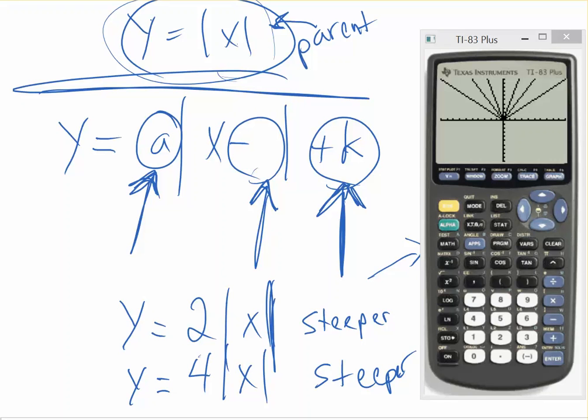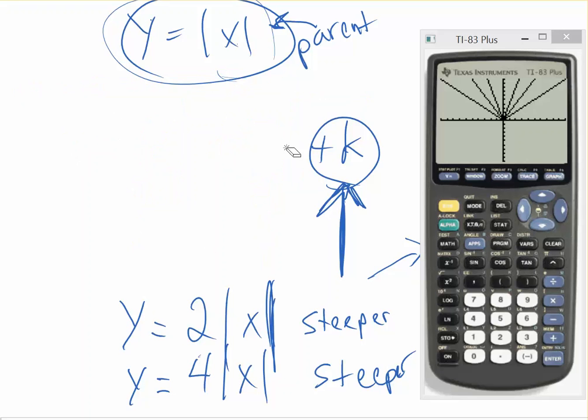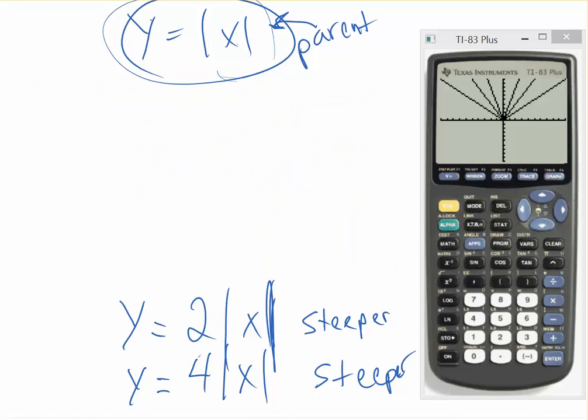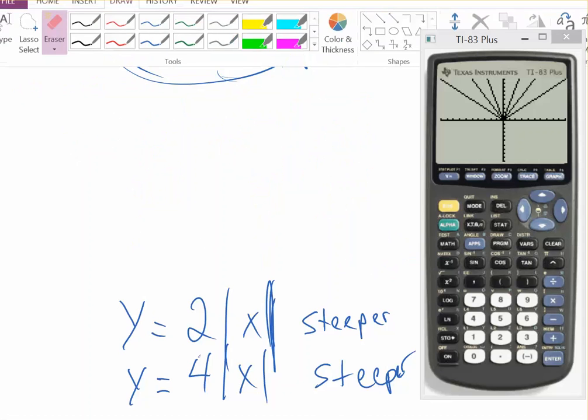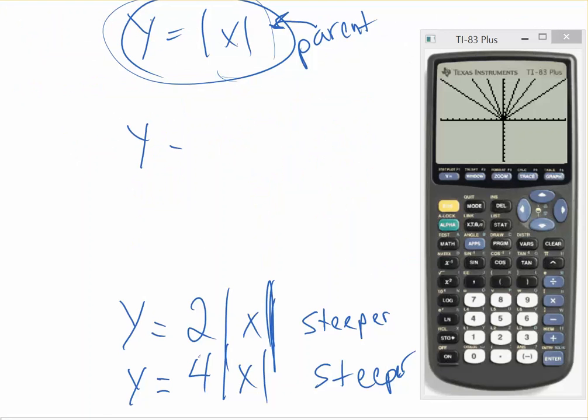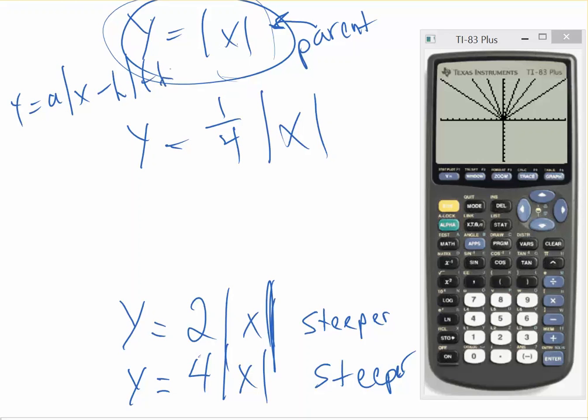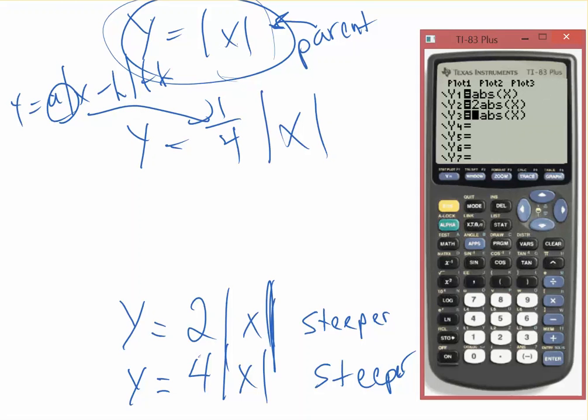Okay. Let's try using a fraction this time. See what happens. Let's try a fraction. Okay, so y equals 1/4 times the absolute value of x. Remember, in this equation, y equals a times the absolute value of x minus h plus k, this is just adding a different a out front. So let's try that.